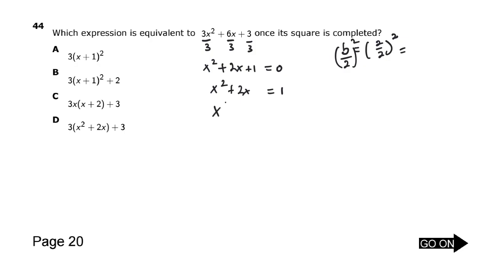So this is going to be x squared plus 2x plus 1 is equal to 1 plus 1. So this will be x plus 1 squared equals 2. So this is x plus 1 squared minus 2.